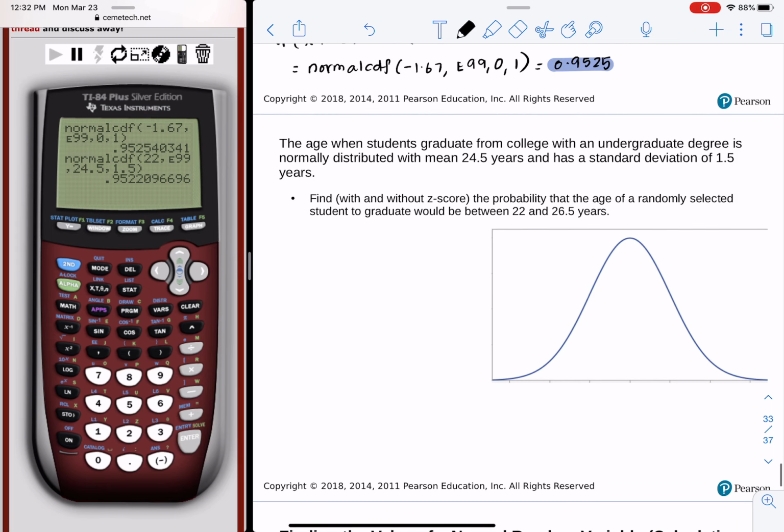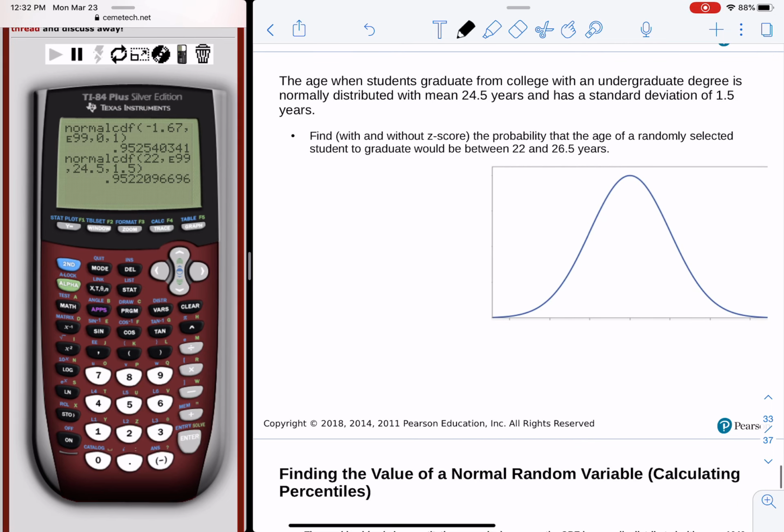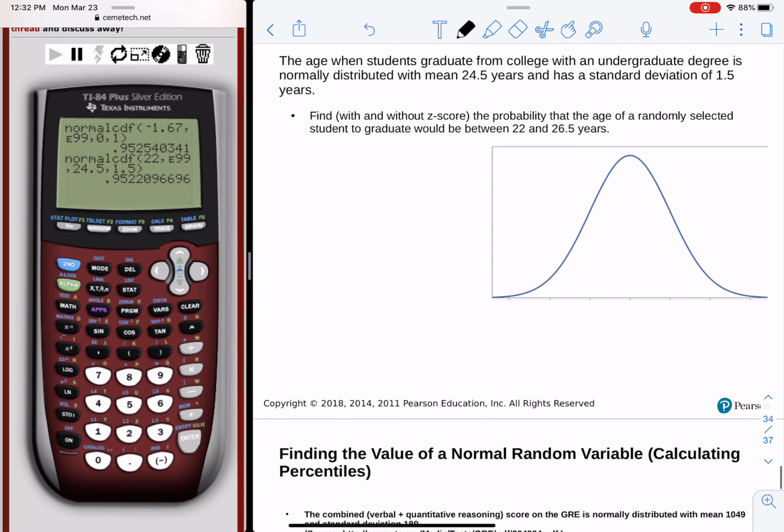So here is another example where we want to find the probability that the age of a randomly selected student to graduate would be between 22 and 26.5 years. 24.5 is right in the middle, and 22 is perhaps somewhere here, and 26.5 is perhaps somewhere there.